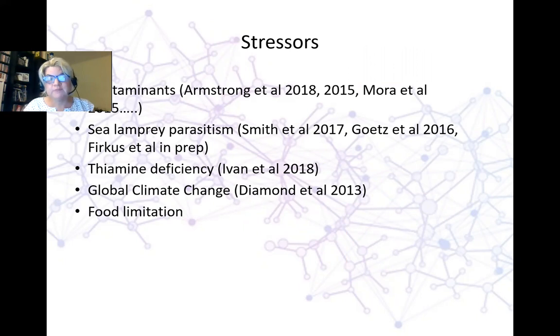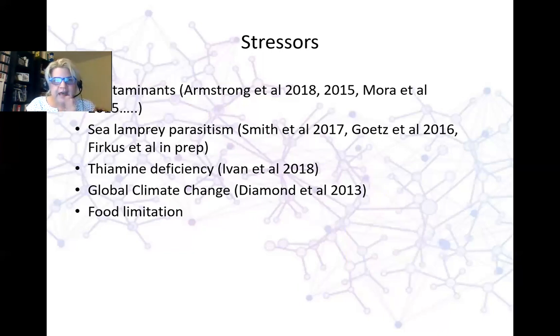And so we've looked at a number of different stressors, not just contaminants, and how do we bring in evolutionary pressures? How do we bring in the environment? We've looked at a number of different things to interrogate the structure, to figure out how we put these pieces together. And these are some of the other stressors that we've looked at.